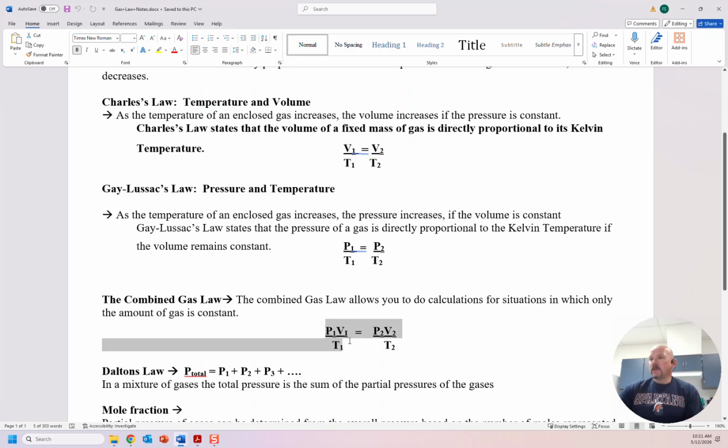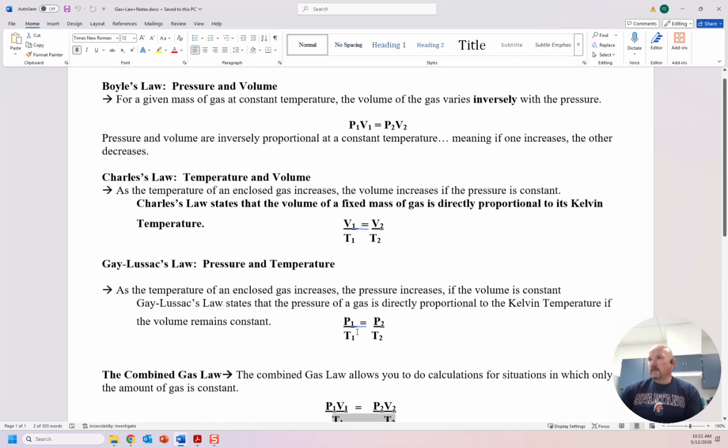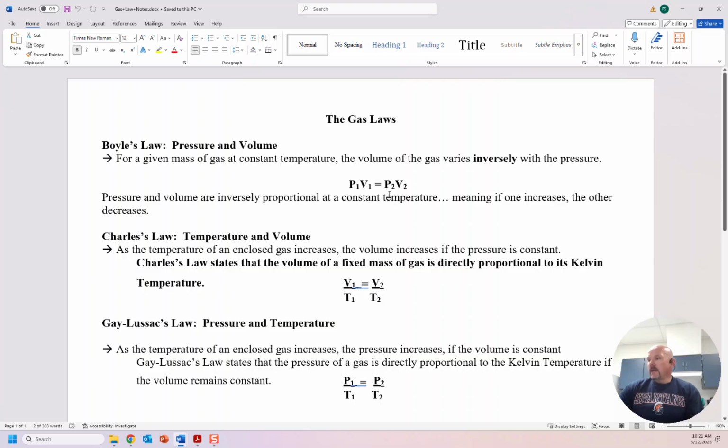So understand, if you know this gas law, if you're told that temperature is held constant, then you get rid of temperature in this equation, and what are you left with? You're left with Boyle's law, right? So what this gas law is explaining is the relationship between pressure and volume, assuming that temperature is constant.